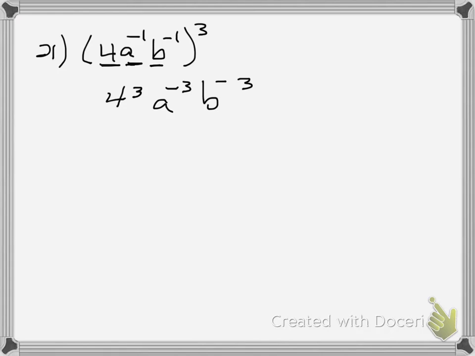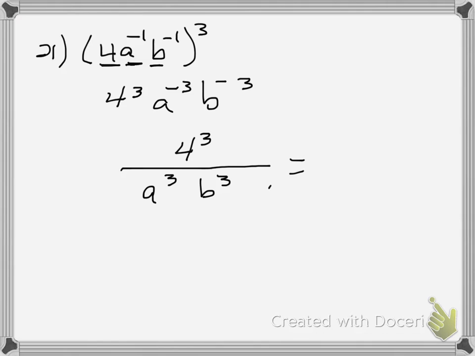So now I want to simplify this further. The first thing I'm going to do is draw a fraction line because I have negative exponents. 4 to the third is a positive exponent, so that's staying on the top. My A is going to move to the bottom. My B is going to move to the bottom. Now the only thing left that I need to do is they don't want me to leave it as 4 to the third.